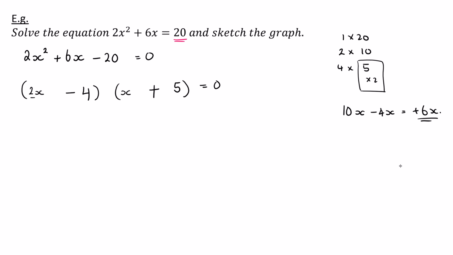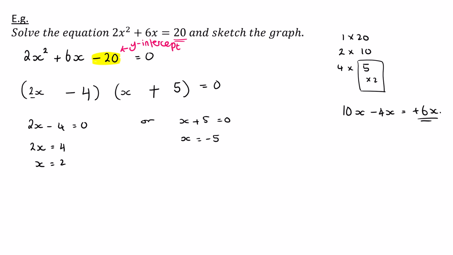So now I have 2x minus 4 equals 0, or x plus 5 equals 0. This means that x is negative 5, 2x equals 4, x equals 2. I have got my x-intercepts. My y-intercept is negative 20. This is a positive quadratic, so it's a U shape.